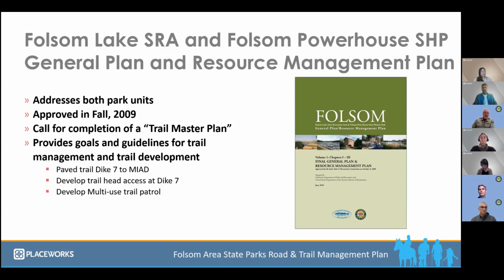Another was develop a class 1 bike path from the trailhead at Mormon Island Dam to Dike 7, and develop a multidisciplinary volunteer trail patrol, which would include representatives from each of our trail user groups that model a shared use ethic. These are just a few examples, and I would welcome you to review the general plan for additional road and trail related items. The general plan is available on our state parks website.